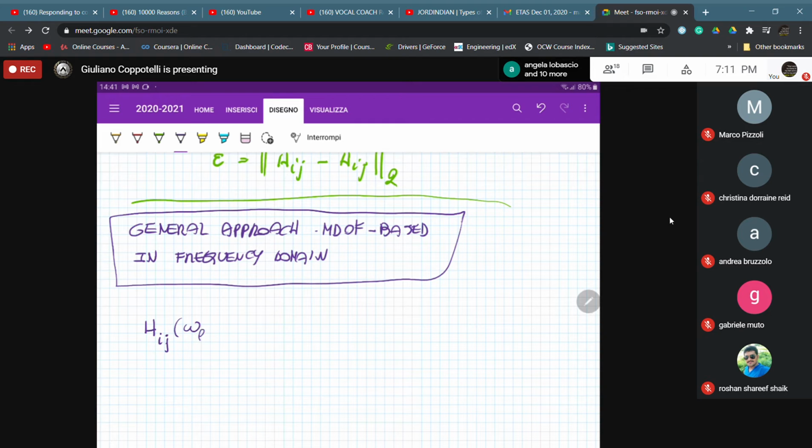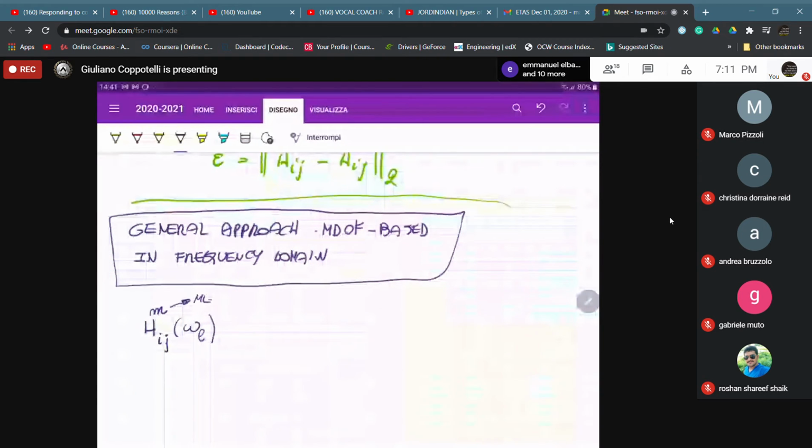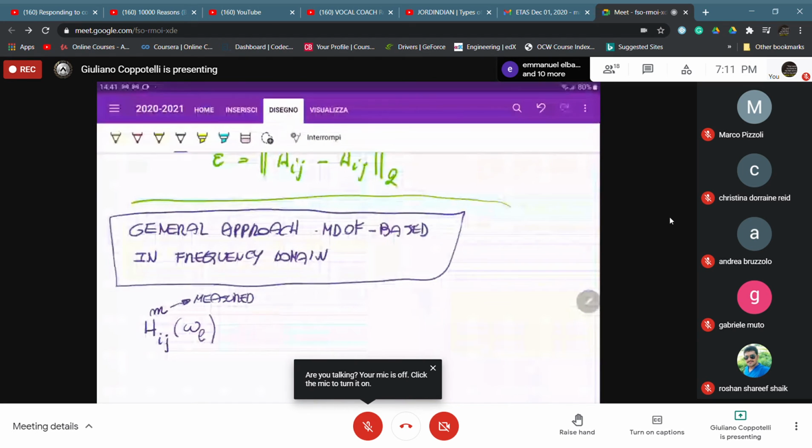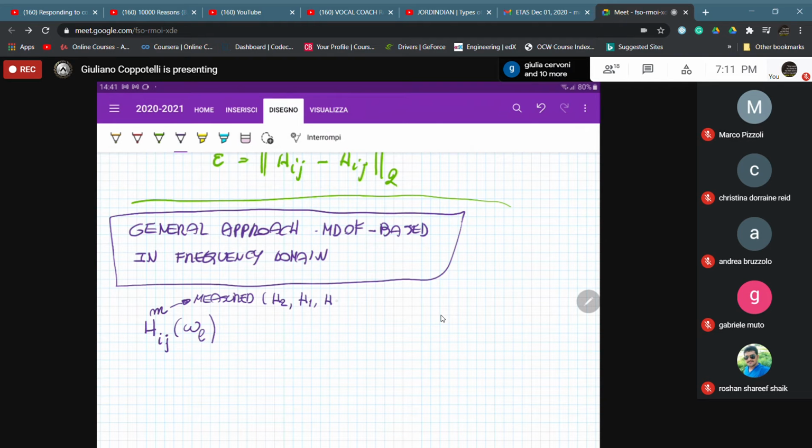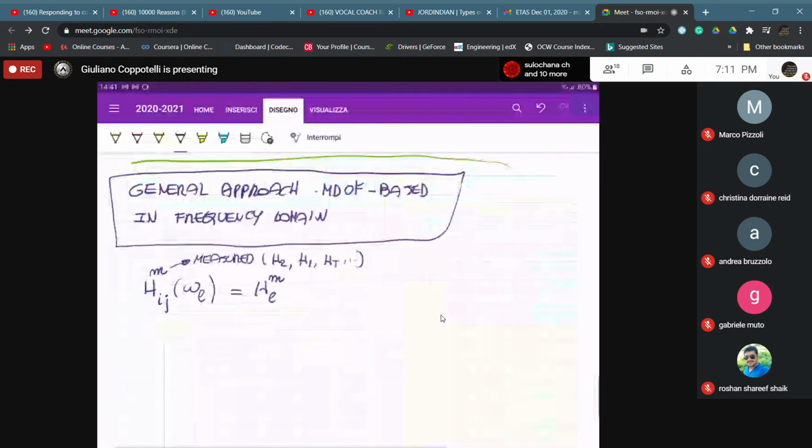So you know that at the L value of the frequency, and we can call that the measured one. Measured means, for example, H2, H1, HT, whatever estimator that we use. And this measured FRF could also be rewritten in terms of HLM, just to reduce the number of indexes we are considering. And this is your reference.